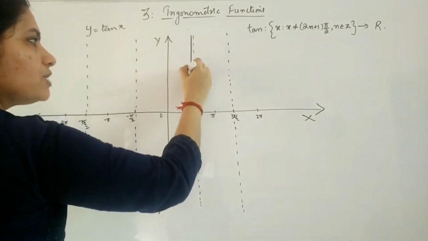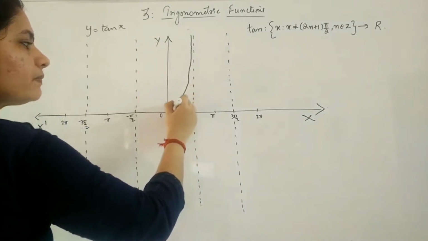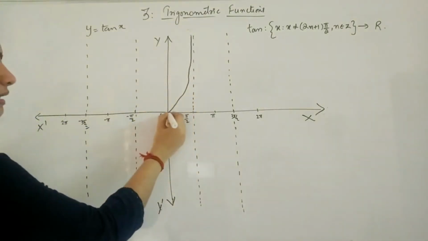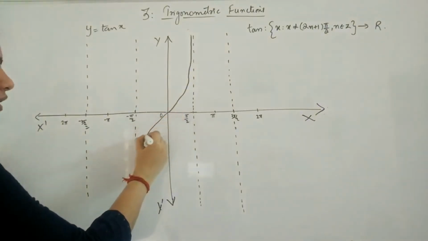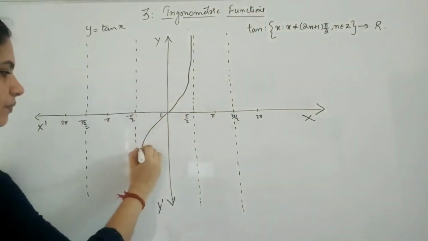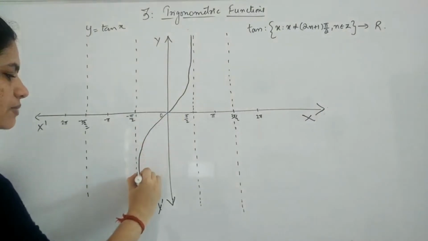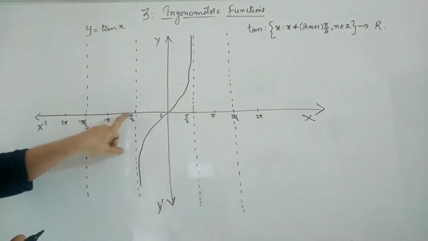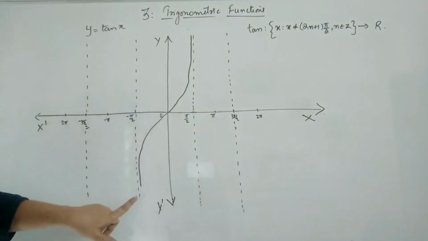It is not touching π by 2, it is going like this, touching the 0 at tan 0 is 0, that is the meaning. Then again it is going like this, it will not touch this axis also. That means this has been dotted line, so we have to make it not touching at that point. It doesn't have any value there.